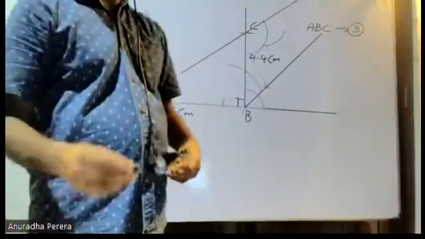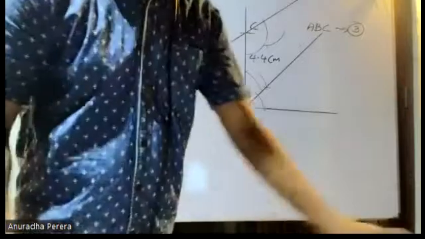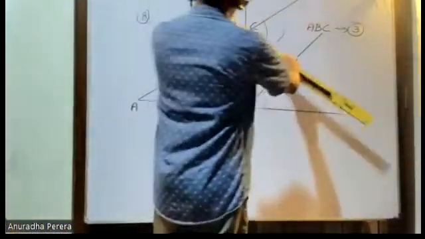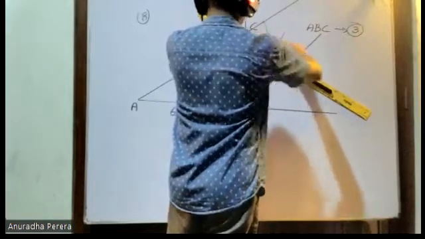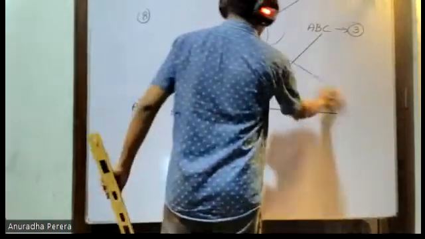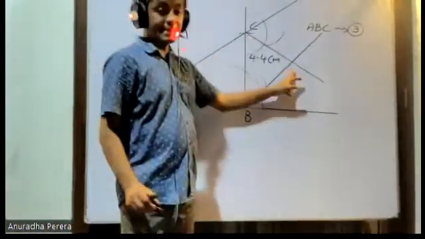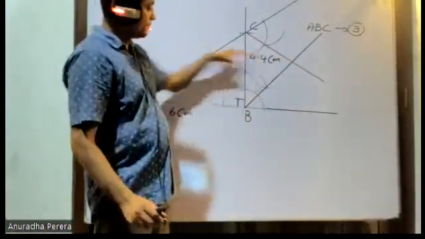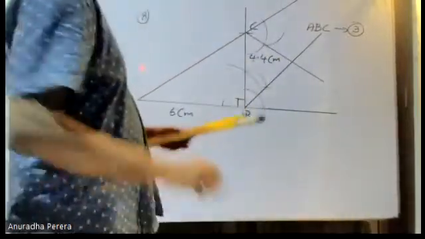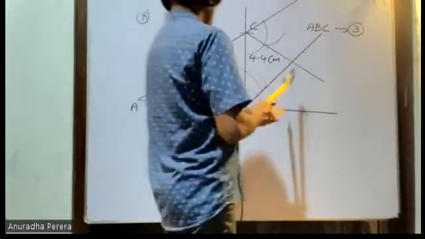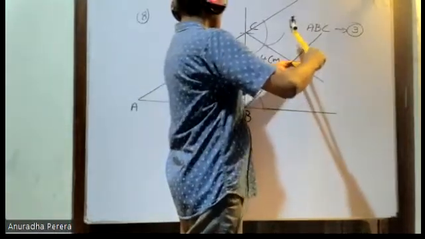Then you can take the point of intersection of these angle bisectors as a center, and draw a perpendicular. Don't forget to draw a perpendicular.